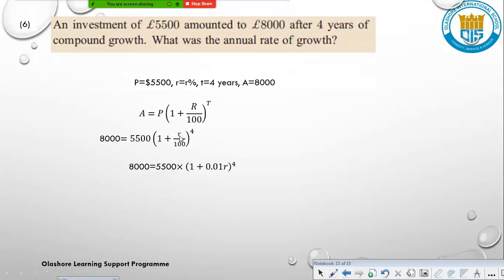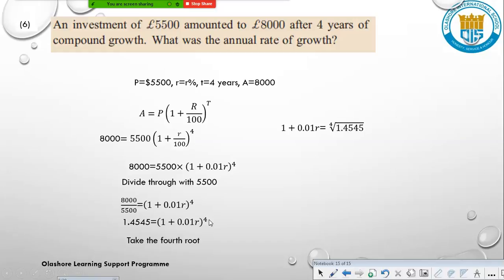Don't forget this one will be R divided by 100, that's 0.01R. So we have 1.4545 equals 1 plus this. Then you take the fourth root, that gives 1.0982, minus 1. So take this one away from it. Our R is equal to 9.82%.